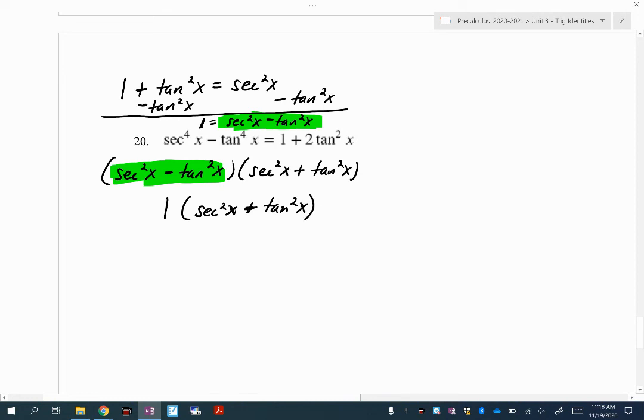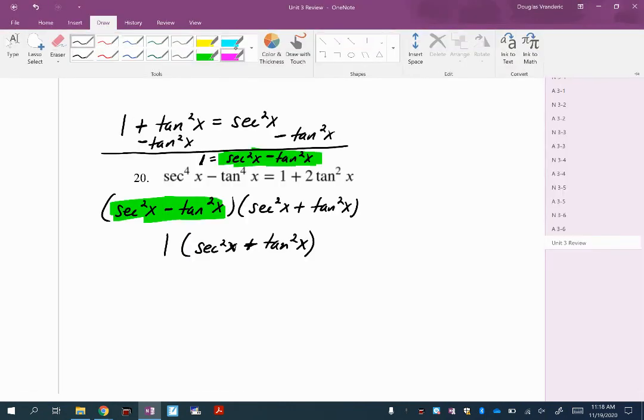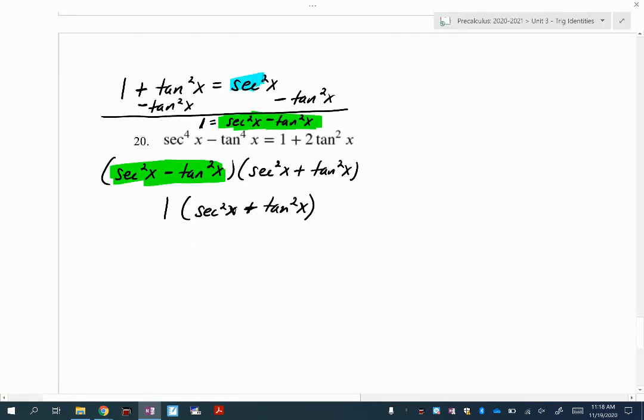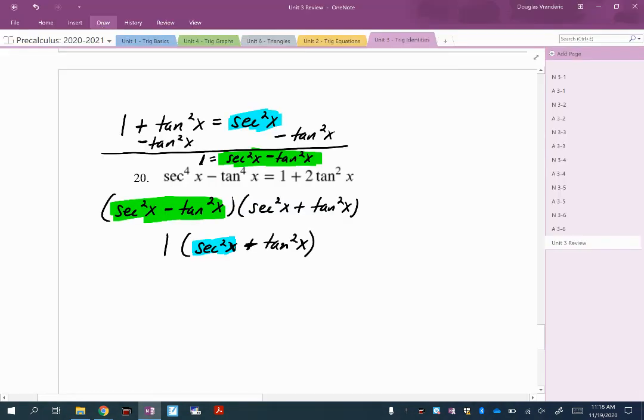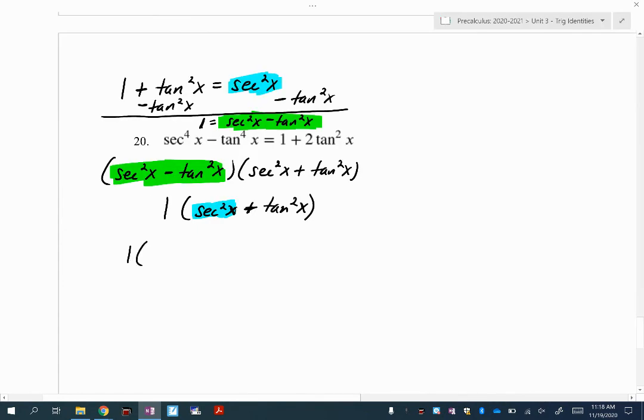Now, if I use my identity again, and I replace, let me see if I can show you with a different highlighting color, right? If I replace secant squared, which is right here, with 1 plus tangent squared x, I can write this as 1 times 1 plus tangent squared x, in parentheses, plus tangent squared x.